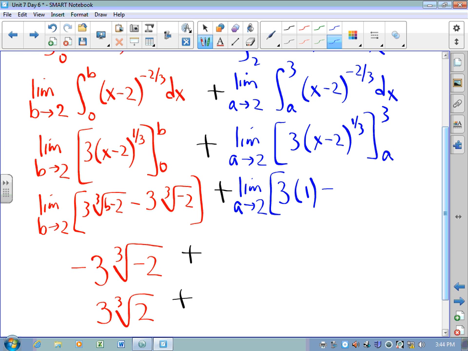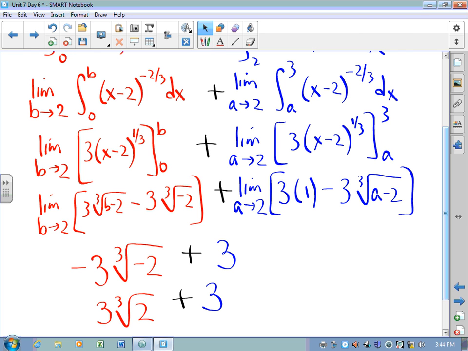Minus, substituting in, 3 times the cube root of a minus 2, which happens to be 3 minus 0. Got it?